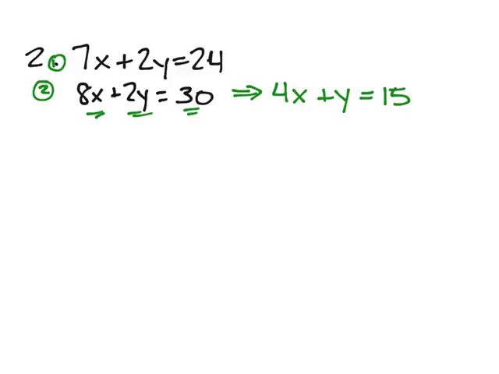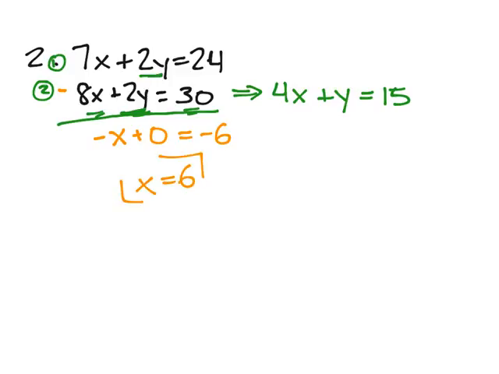In this particular system, it's not that helpful, because we have 2y in the first equation and 2y in the second equation. So if we subtracted these two equations from each other, we would get 7x minus 8x, that's minus x, plus 0 is equal to minus 6. X is equal to 6.